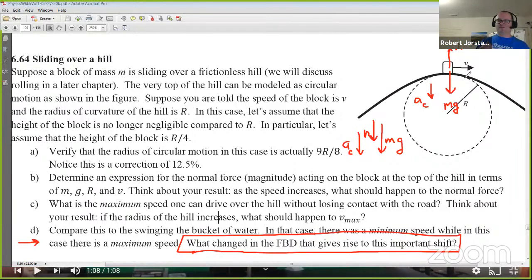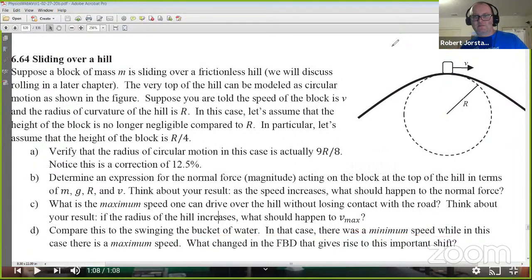Anytime you have a problem where somebody loses contact, set normal force to 0. Do an FBD, solve for something. Now, in general, the mass looks like it drops out all the time. However, in these particular situations, it only drops out if the normal force goes to 0.